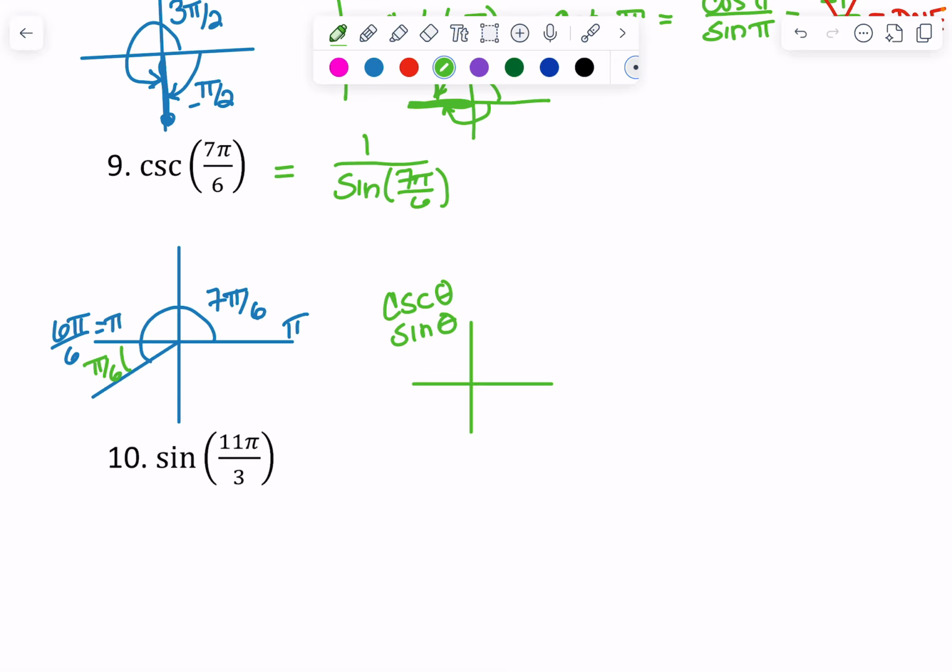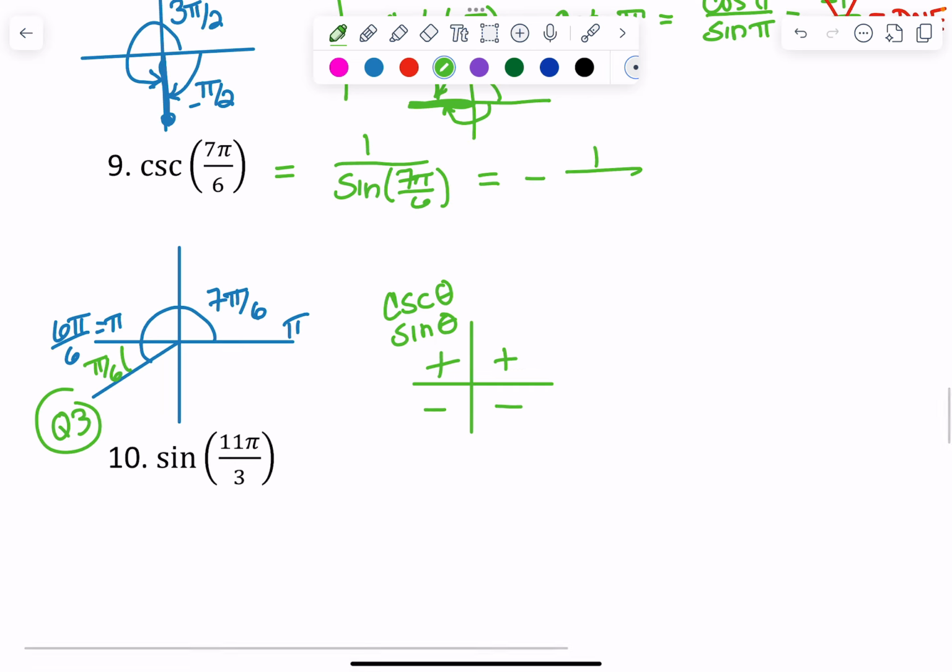All students: second quadrant's positive, take calculus. That means both third and fourth quadrants are going to be negative. Here I'm in Q3, so I'm going to be negative. So as I write it with the reference angle, I'm going to have negative 1 over sine of pi over 6.